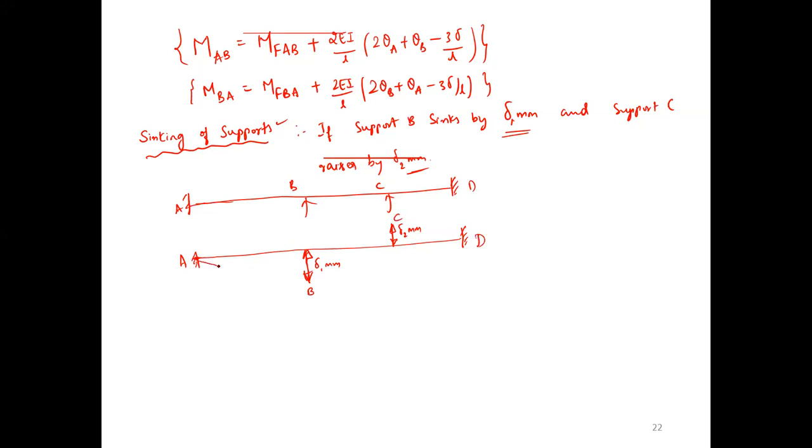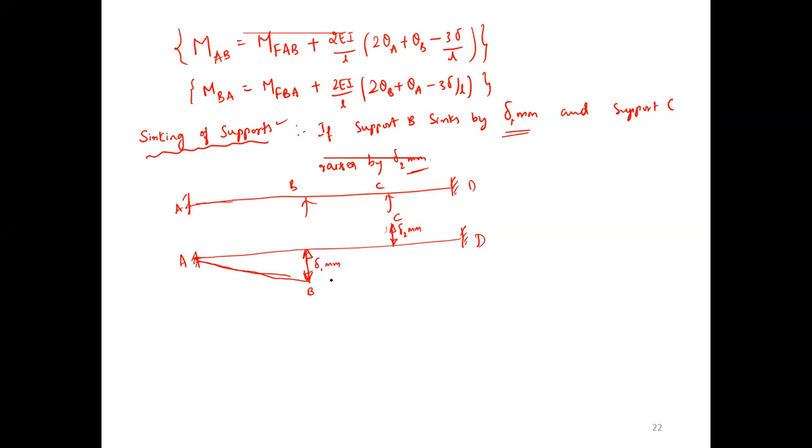Now what is the realistic behavior of the beam? A will stay, B will fall downward because of sinking, and the original support will shift to point B. Here it is a simple support, and here once again it rises.